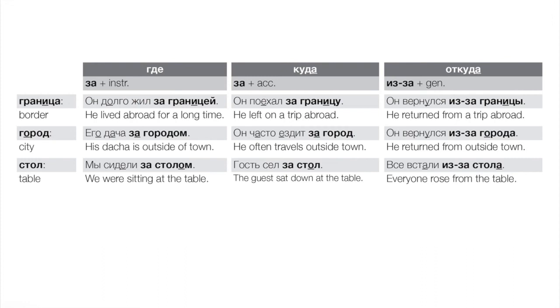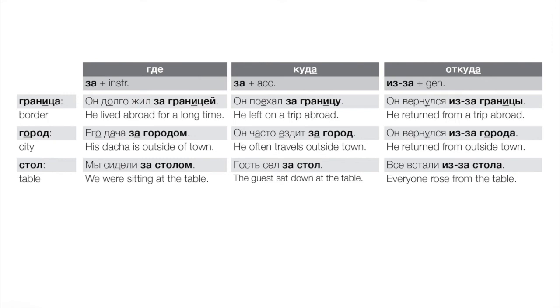And quite logically, Russians think of being beyond the border as being abroad, right? So we say if you're located beyond the border, that is abroad, you use за plus the instrumental, right, for a где expression. Например, он долго жил за границей. Он долго жил за границей means literally he lived for a long time beyond the border or behind the border, right?